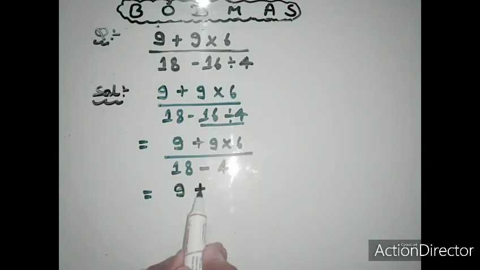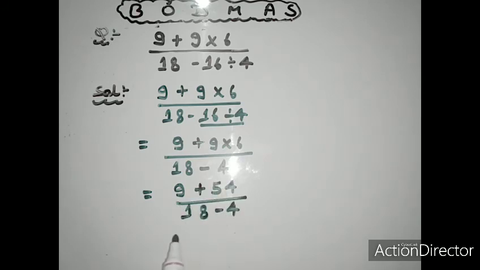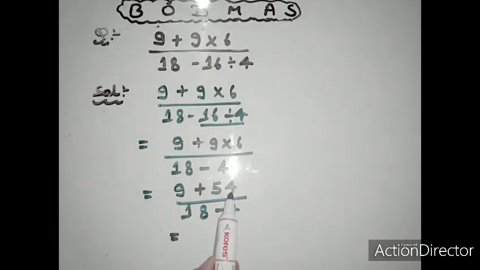So 9 6s are 54, right? And here we write 18 minus 4. Now after that, here we solve addition. 9 plus 54. 9 plus 54 is equal to 63, right? Now 18 minus 4, 14.